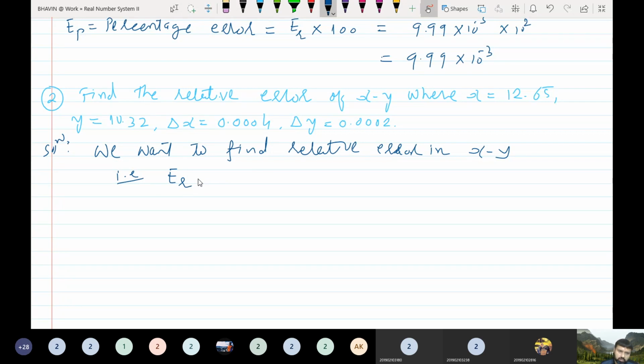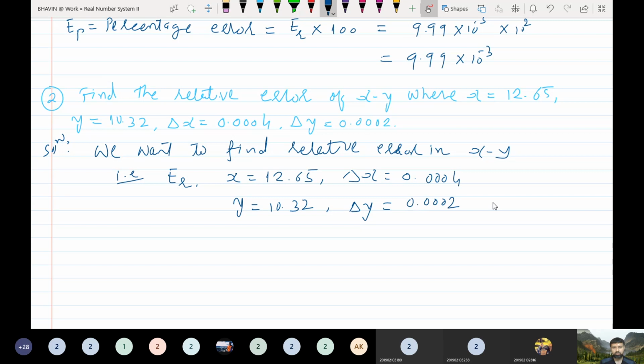Okay, it is given that true value of x is 12.65, and delta x, error in x, is given by 0.0004, y is 10.32, and error in y, delta y, is also given.